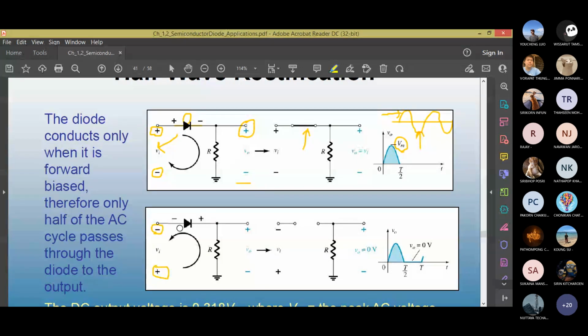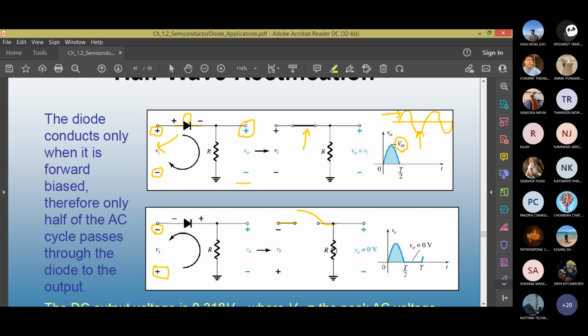Now, is the diode on or off? Will it conduct? Can the diode conduct? It cannot conduct. It is reverse bias now. Look here, open circuit. Switch is open. No current can flow.